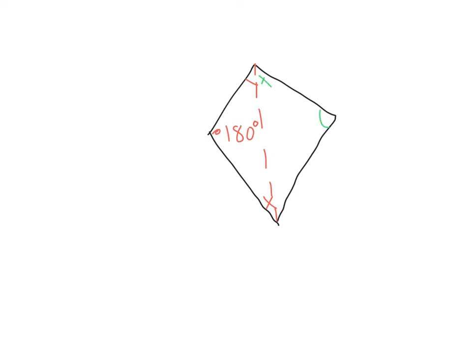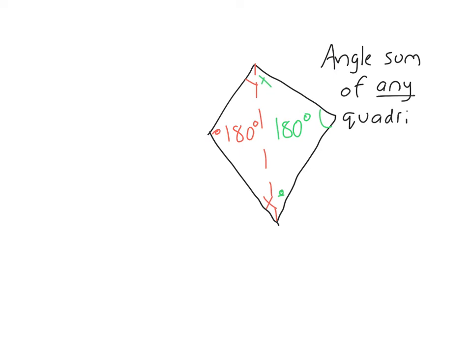This plus this equals 180 degrees. That's true of any triangle. So the angle sum of any quadrilateral, it doesn't matter which of the many types it is, is 360 degrees, 180 plus 180.